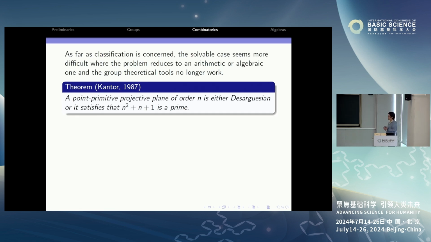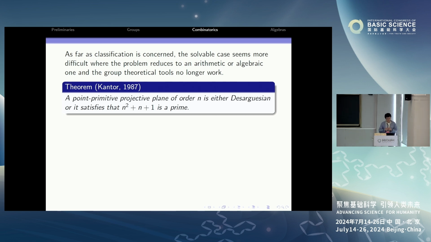As far as classification is concerned, the solvable case seems more difficult, where the problem reduces to an arithmetic or algebraic one, and the group theoretical tools no longer work. So you first apply group theory, and there will be some loose end where it's no longer a group theoretical problem. In the last part of this talk, we will see such an example. So we need to introduce methods in algebra.